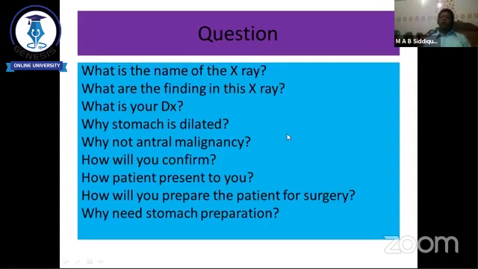Why is stomach preparation needed? It is very important, as there is gastritis within the stomach, retained food material, and an edematous wall. If we anastomose this edematous wall with the very narrow jejunum, that means the operation is gastrojejunostomy. So the stomach is hugely distended and edematous with features of gastritis.